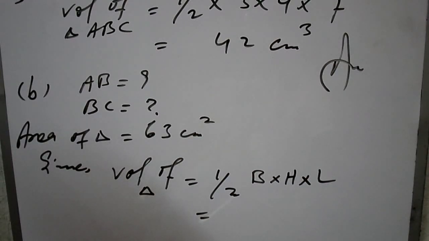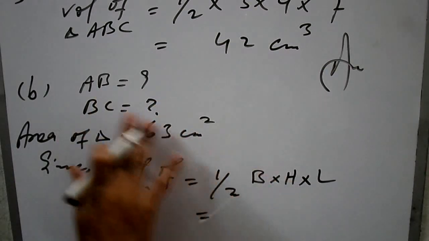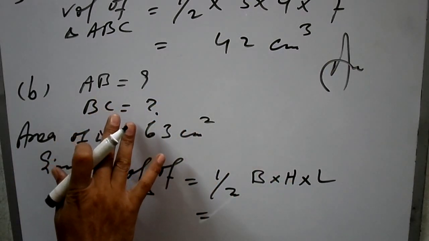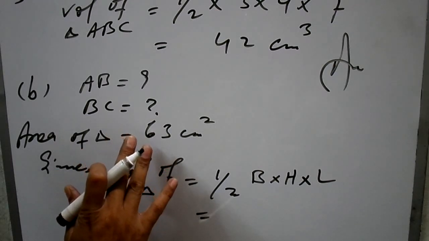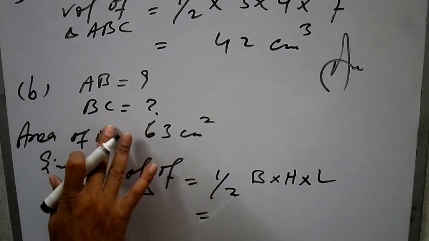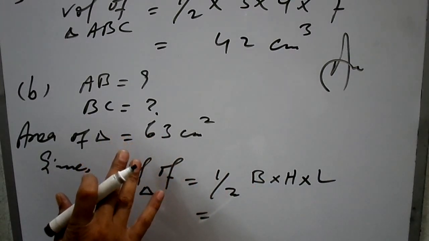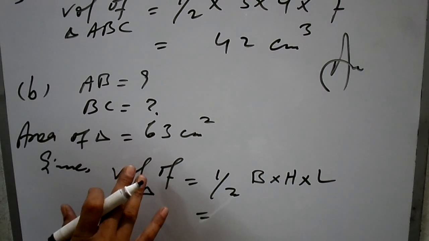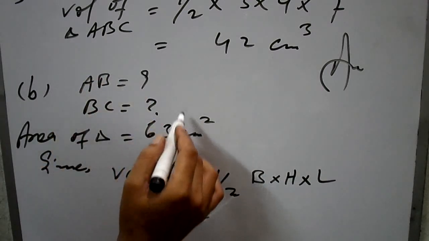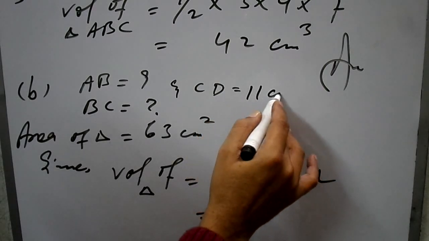You can multiply this, because here the length and width is equal to AB and BC. So here we have to find BC, and CD is given to us, that is 11 centimeters. In your table you can see CD is 11 centimeter.